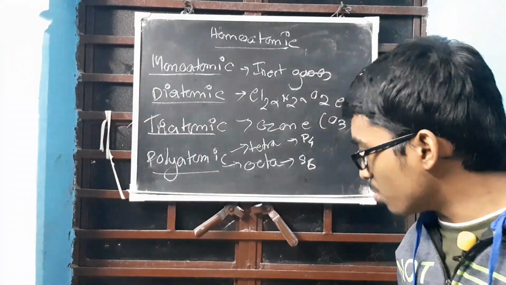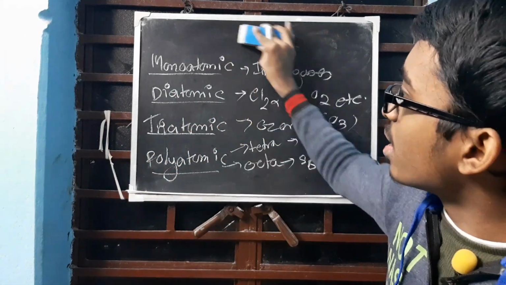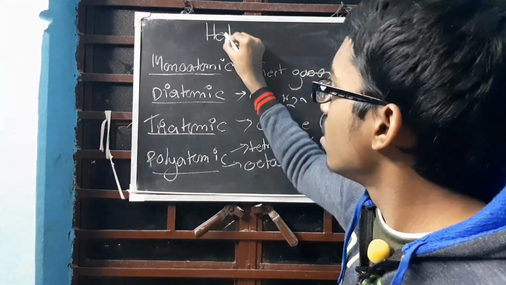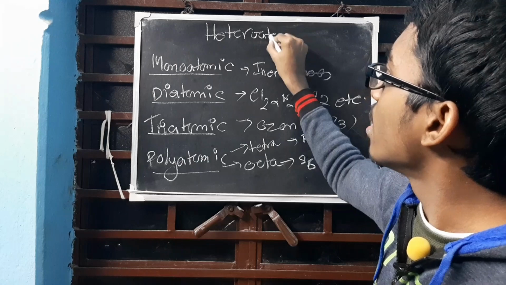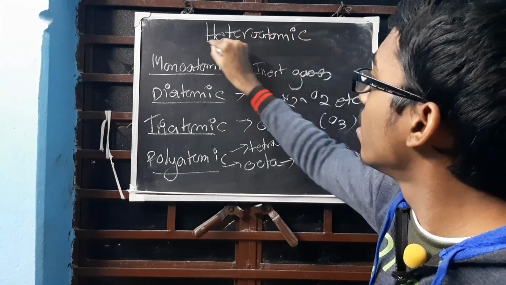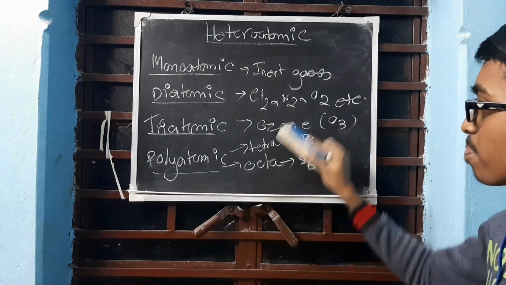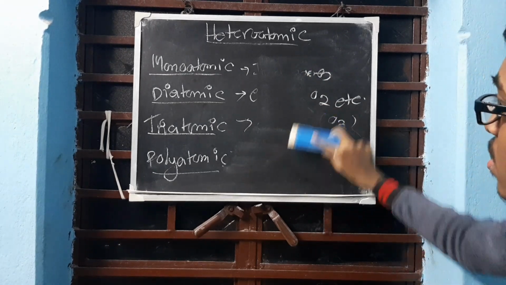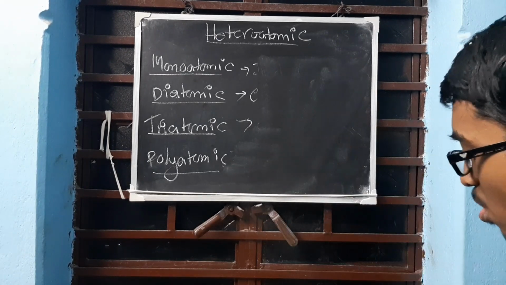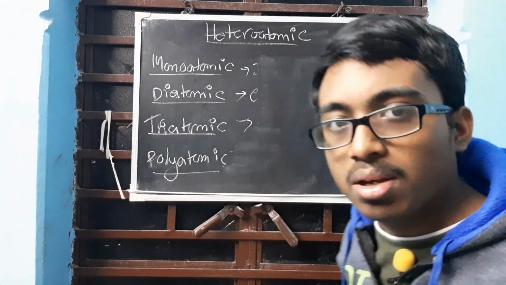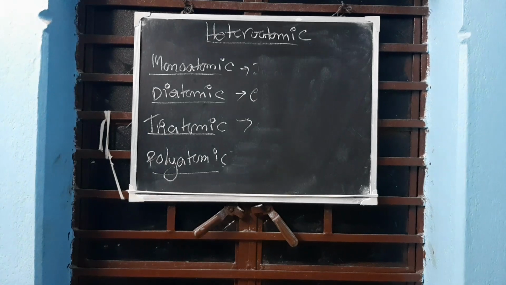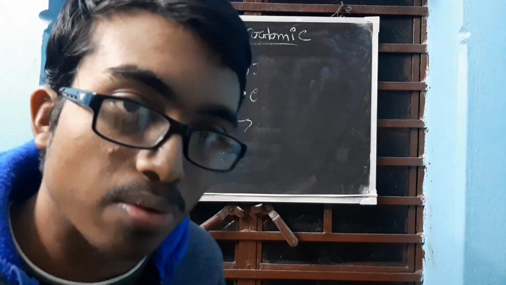Now we will be moving on to the other category, that is heteroatomic. Okay, let me erase this part. Now let's discuss monoatomic. What is monoatomic heteroatomic? Is it even possible? It's not possible. Why is it not possible?